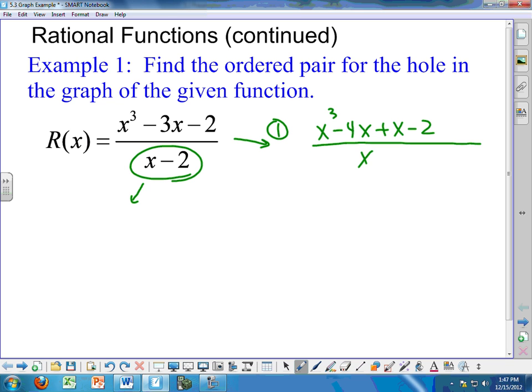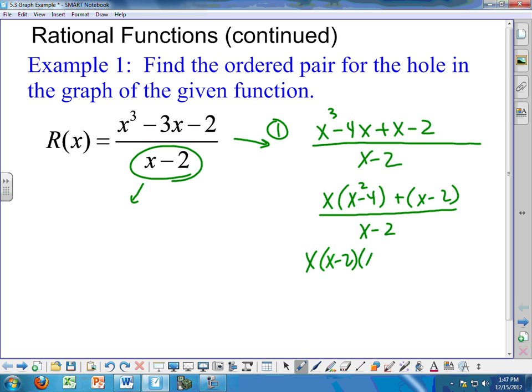minus 2. And if you recall from previous work, that would mean factoring the x, and that would be an x squared minus 4 plus x minus 2. And you know that is a difference of squares. So x minus 2 times x plus 2 plus x minus 2 all over x minus 2.